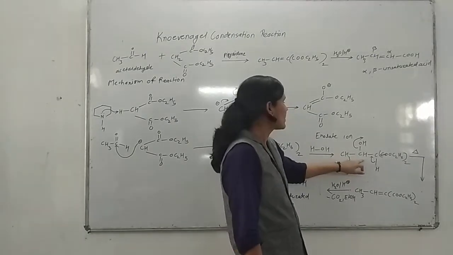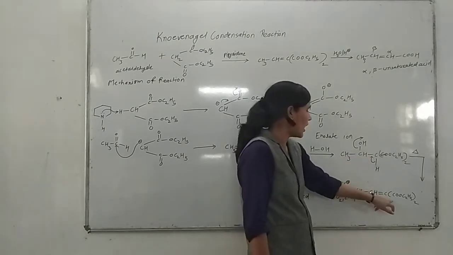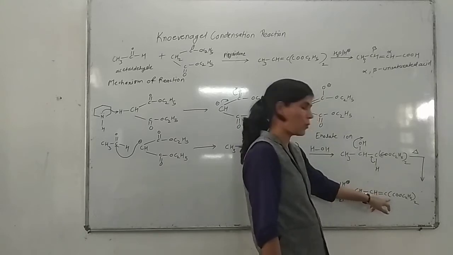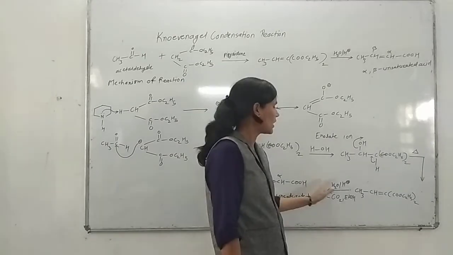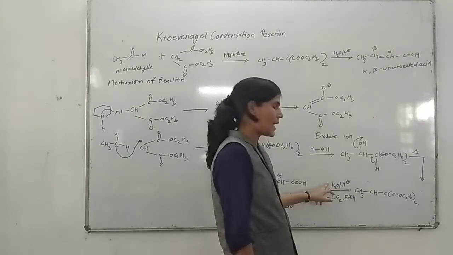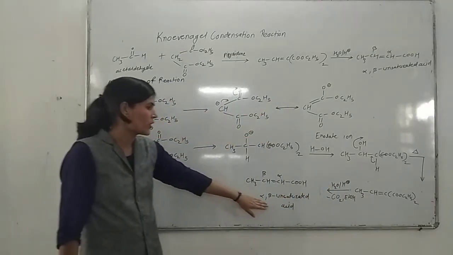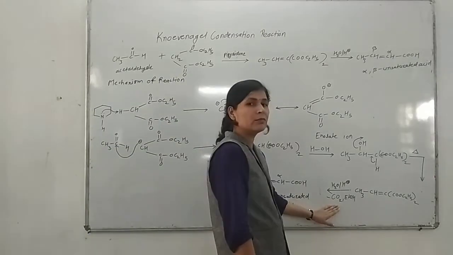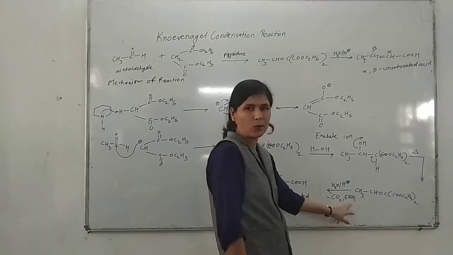This results in the formation of a carbon-carbon double bond, that is an alpha beta unsaturated compound, and this alpha beta unsaturated compound on further acid hydrolysis gives alpha beta unsaturated acid with the elimination of carbon dioxide, that is decarboxylation, and elimination of an ethanol molecule.